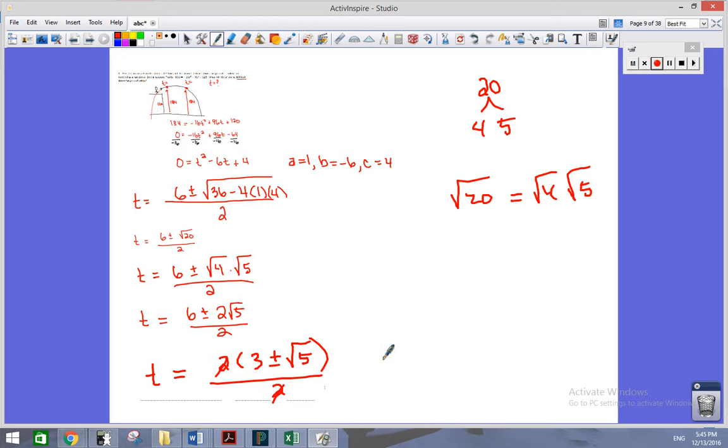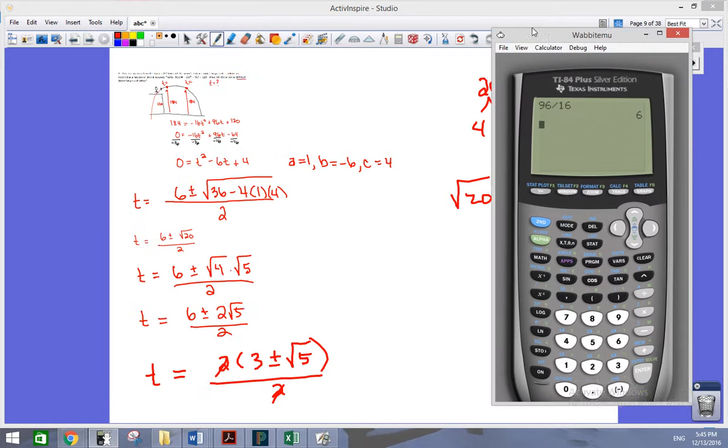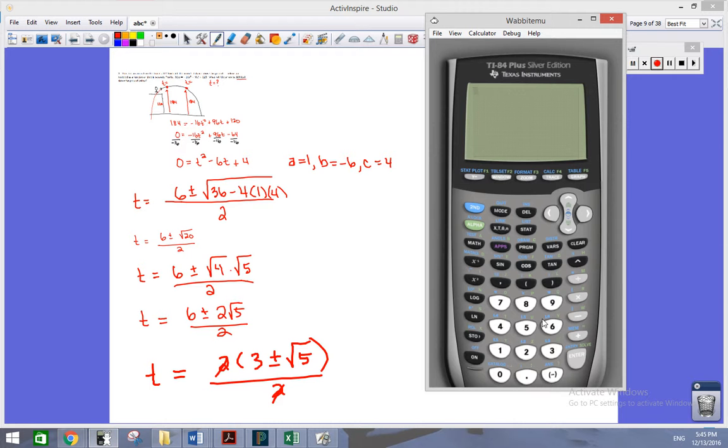So that cancels. So I can jump to a calculator. I guess I could have jumped to a calculator earlier, but this will just be easier and I won't have to key in stuff. 3 minus the square root of 5 gives me, if I just round it to 2 decimals, 0.76.